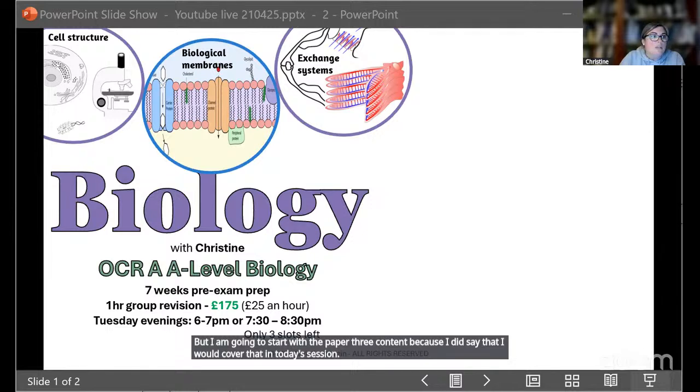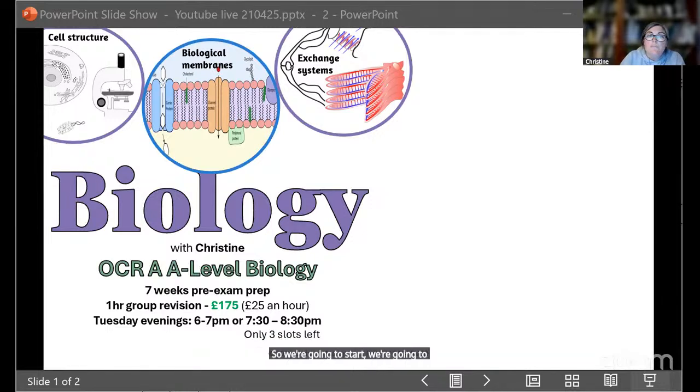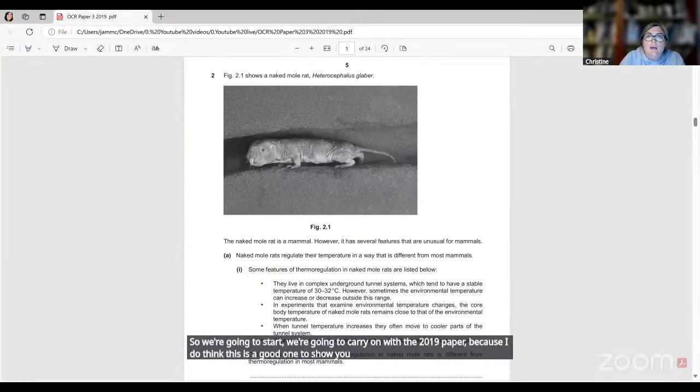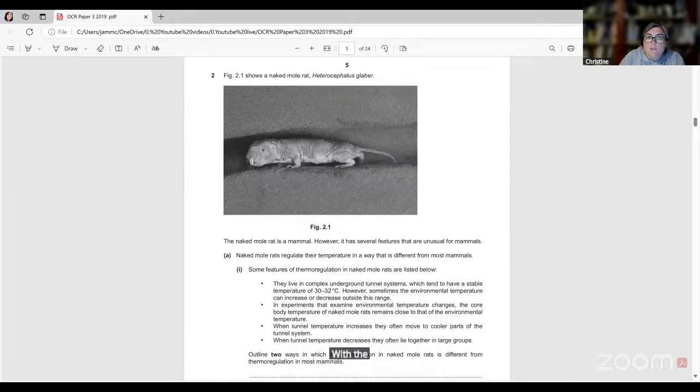We're going to carry on with the 2019 paper because I think this is a good one to show you how they can link things together, with the paper 3 content being all of the modules. So what we want to do is look at the questions and make our way through.